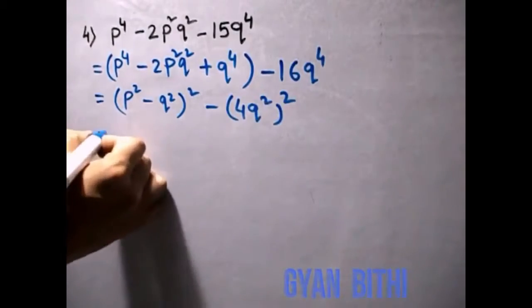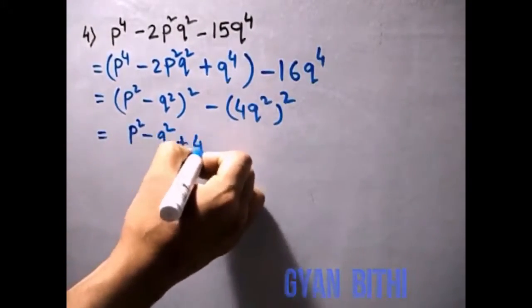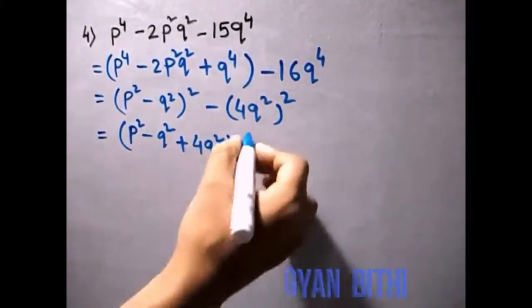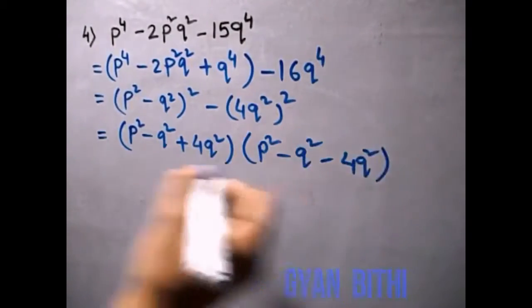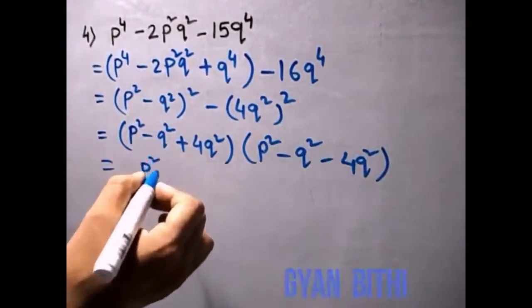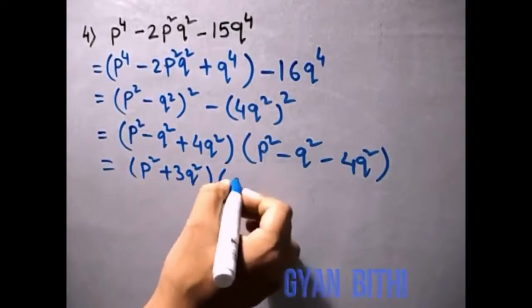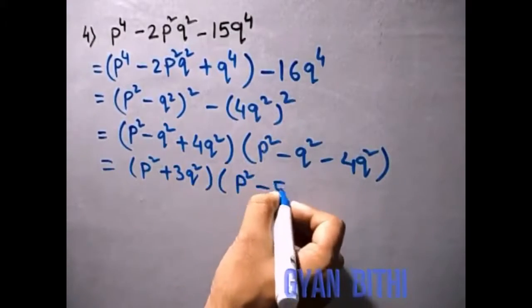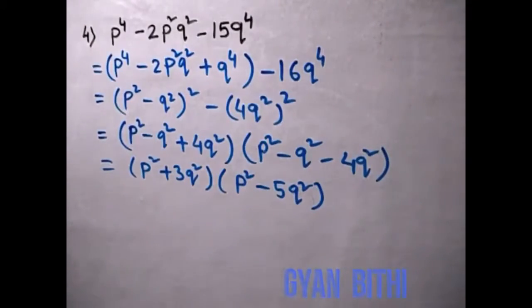So a plus b into a minus b equal to p square plus 3q square into p square minus 5q square. This is the factorization.